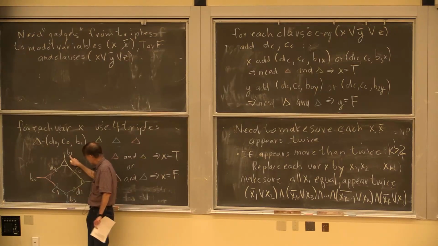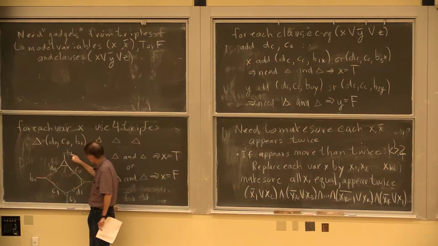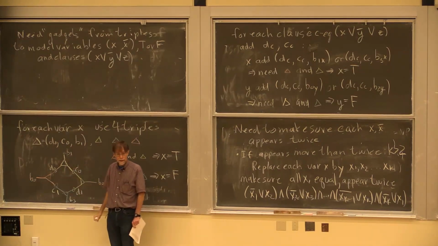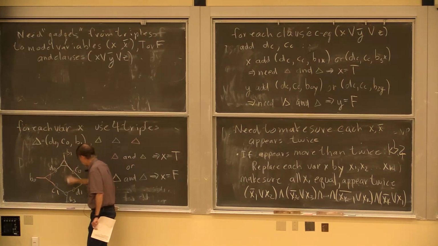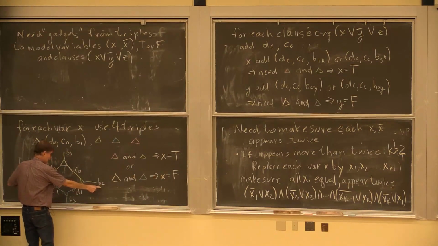Because B1 has to be in a triple and B3 has to be in a triple. So I need 2 appearances, one to connect to this one and one to connect to that one in case I've chosen red and green. And if I've chosen white and blue, then I need to have 2 connections so I can match B0 and B2.